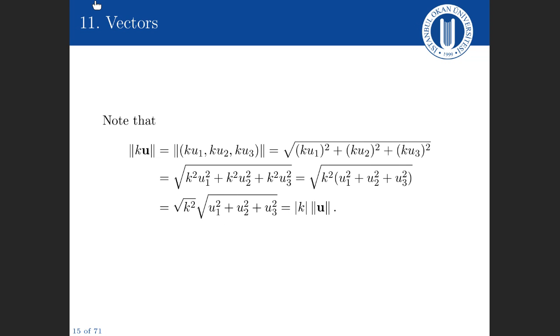Now I want to talk about the norm of ku. Start with the norm of ku. This is a vector, so I'm using these double vertical lines.